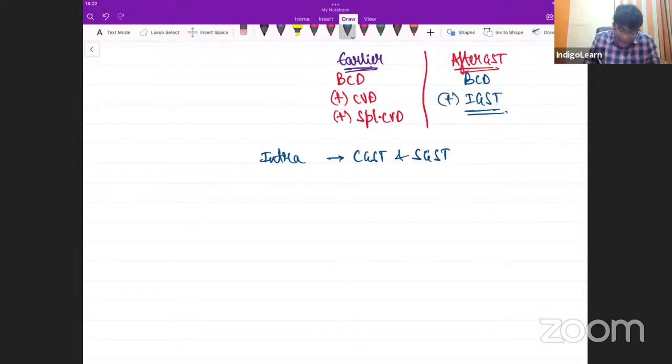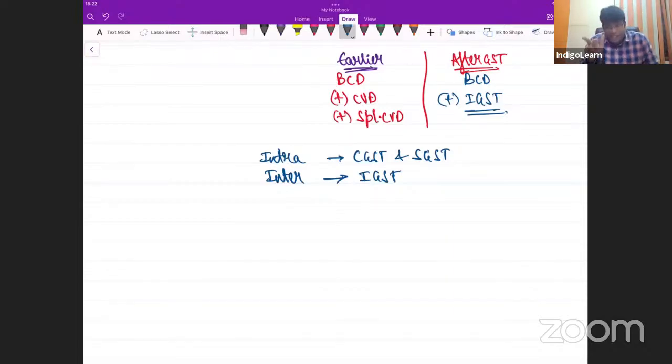Clear, friends? And in case of interstate supply, what we charge is directly IGST, which stands for Integrated Goods and Services Tax. So friends, what are the two types of supply?